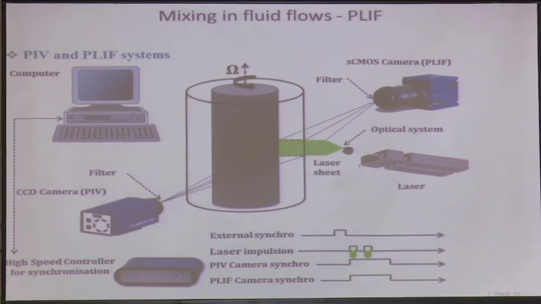So you are going to seed your system with a passive tracer that has the property to give light at a different wavelength than the laser. Okay, so let's say you shine this material with green and it will emit in red, for example. It has the property to fluoresce. Okay, so this is fluorescence.